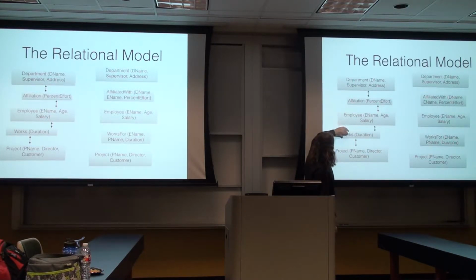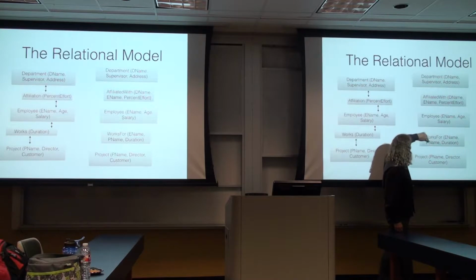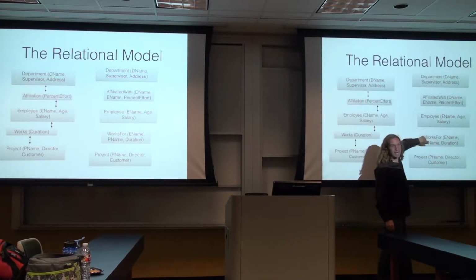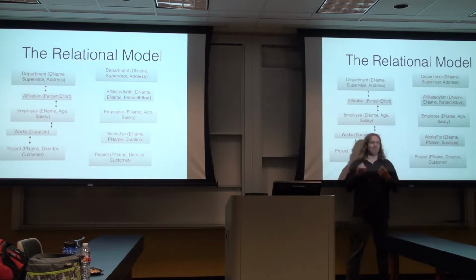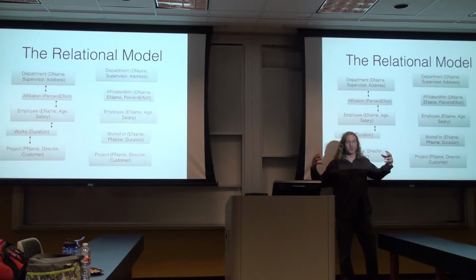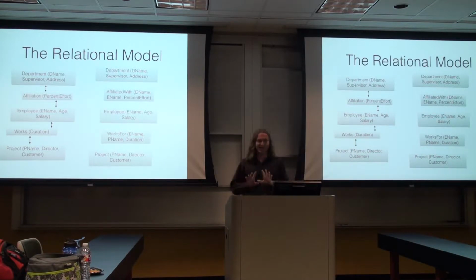So rather than having a works node in a network, I'm going to have a works-for relation, which is going to just list employee names and project names. Okay? And if I want to actually traverse something or find how these things link up, I'm instead going to use a set-based calculus to just describe how I want them to link up. I do not write actual code to perform the linking. Okay? So what do I mean by that? Because I just can't overstate what a revolutionary idea this is.